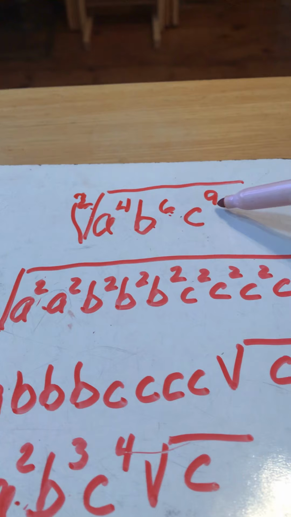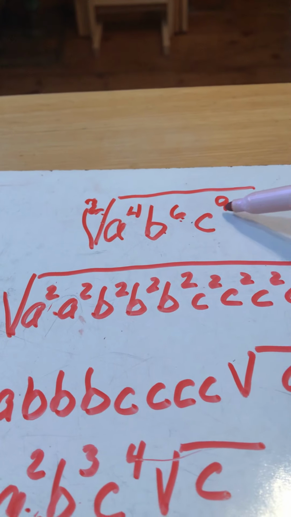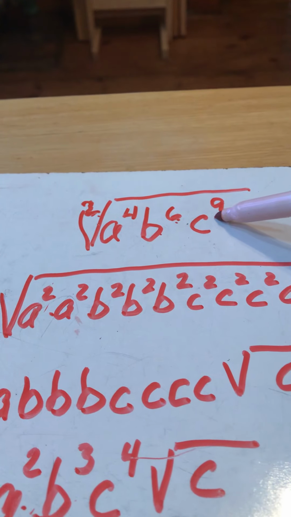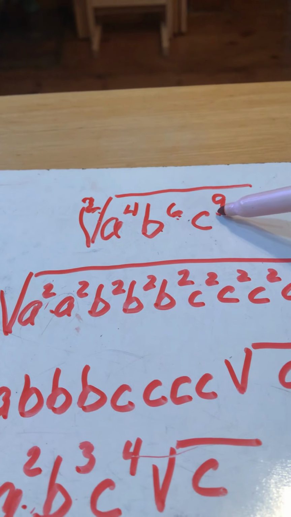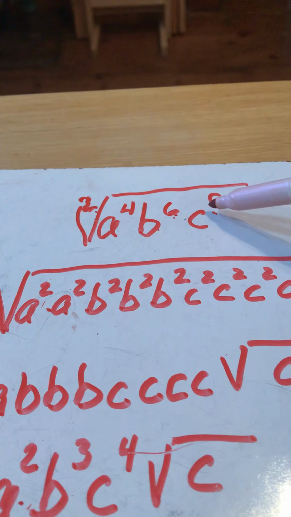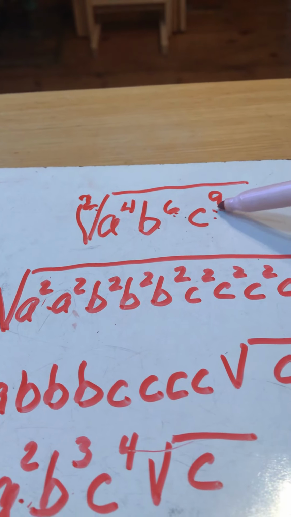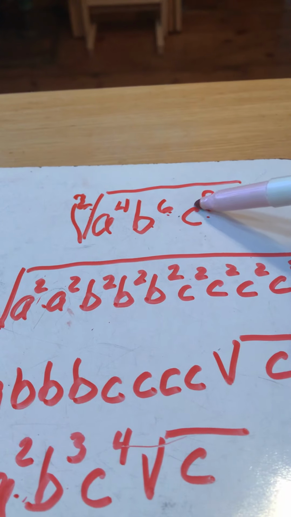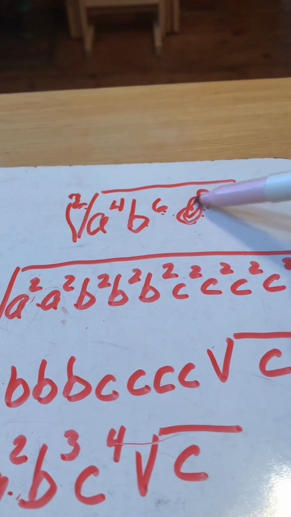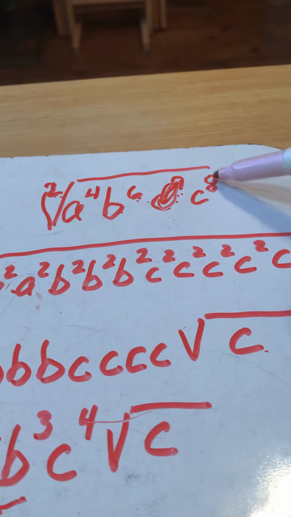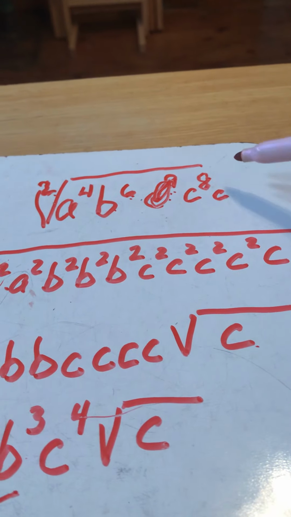So if we go down to the next closest number less than 9 that is divisible by 2, which in this case is 8, we would have c to the 8th. So let's change this here: c to the 8th times c.